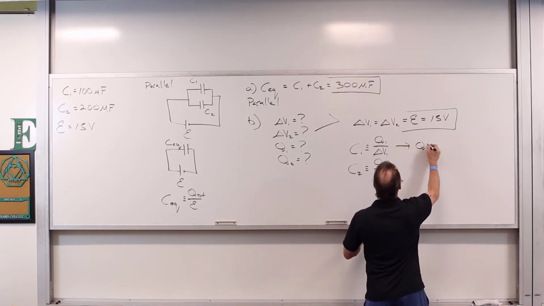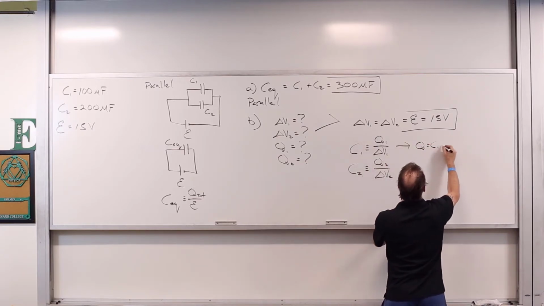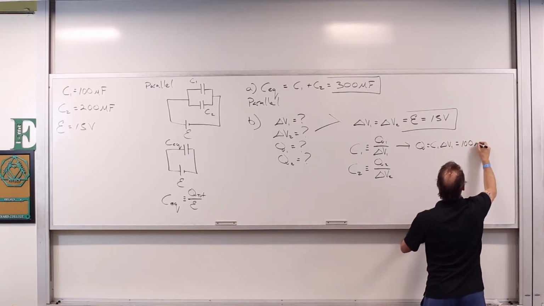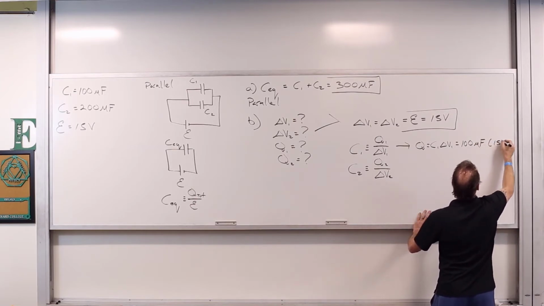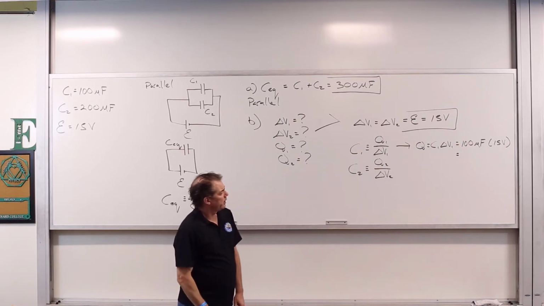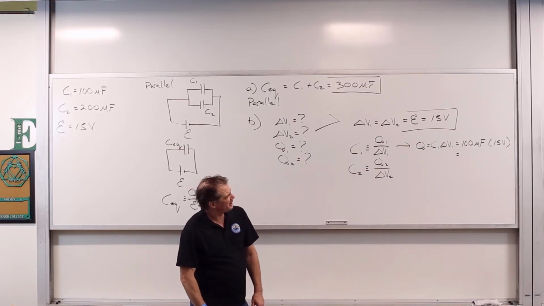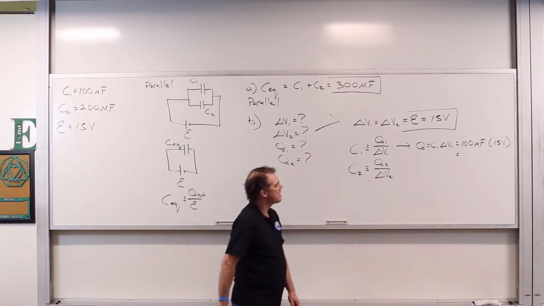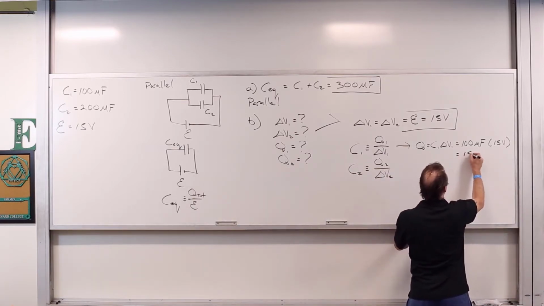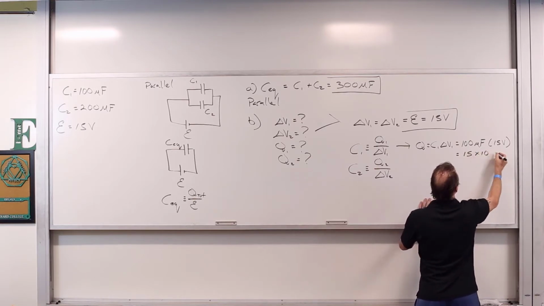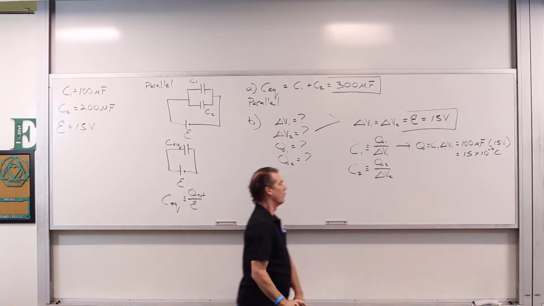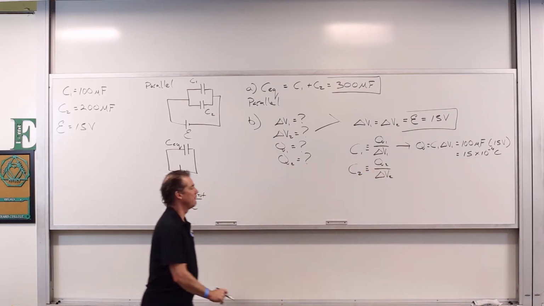So this one gives us that Q1 is going to be equal to C1 delta V1, which will be equal to 100 microfarads multiplied by 15 volts. 100 times 10 to the negative 6 times 15 gets 15 times 10 to the negative 4 coulombs, or 1.5 times 10 to the negative 3 coulombs, that would be fine as well.